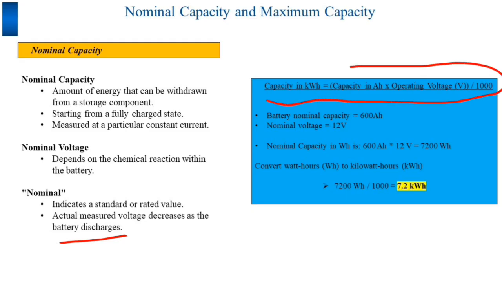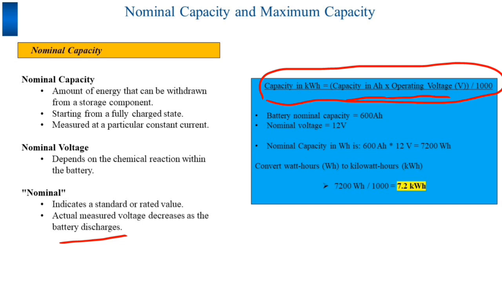Here you can see capacity in kilowatt hours equals capacity in ampere hours multiplied by the operating voltage, and then divided by 1000. So this formula considers both the nominal capacity in ampere hours, or Ah, and the operating voltage of the battery.